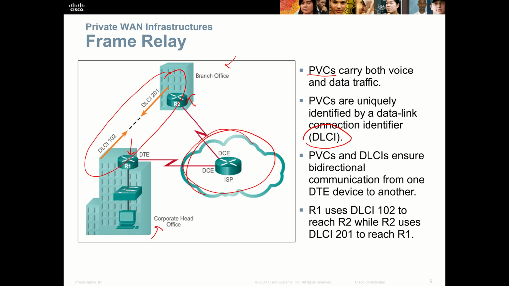Here PVCs and DLCIs ensure bidirectional communication from one DTE device to another. You see the DLCI number is not the same because it is locally identified and only known to that particular router. That's why R1 uses DLCI 102 to reach R2, while R2 uses DLCI 201 to reach R1.